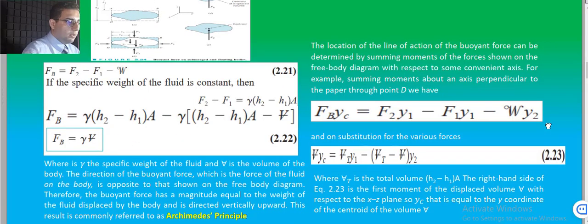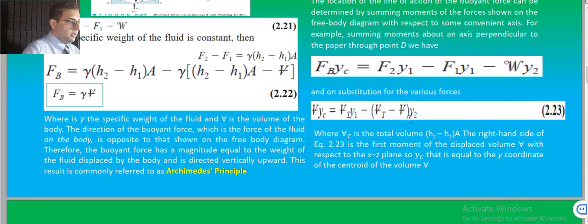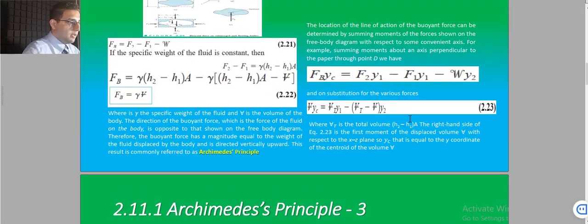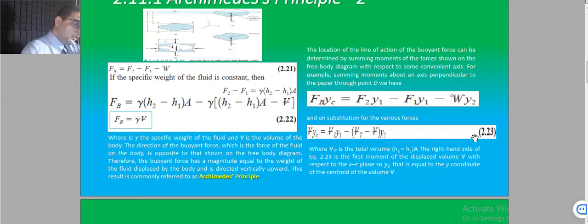So doing all the calculation here is our main purpose. This term is also termed VT, total volume. Equation 2.23 is extracted from this equation, so don't worry about it. It's not a new thing.